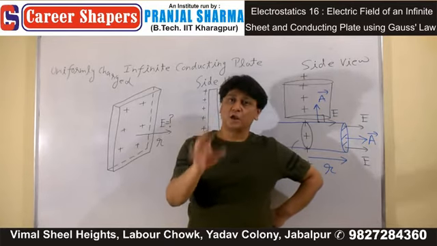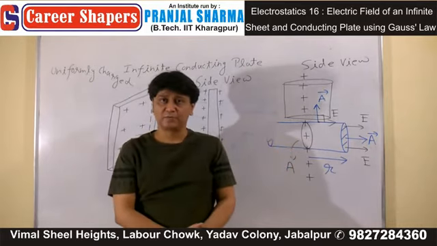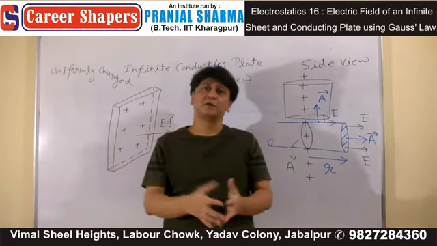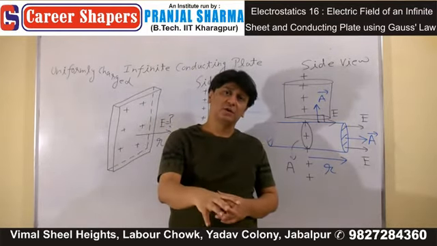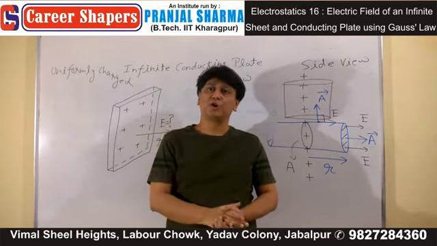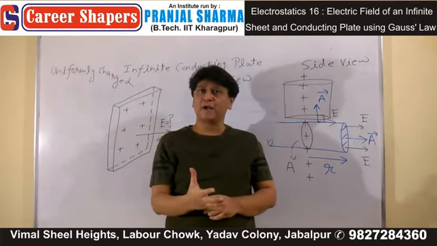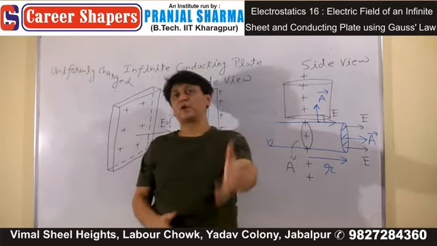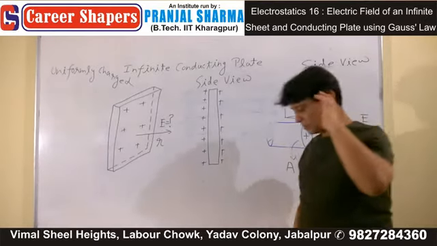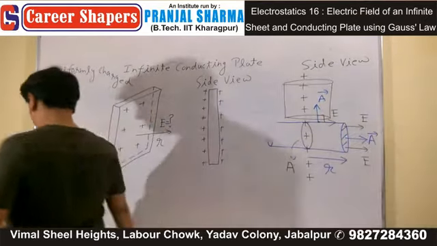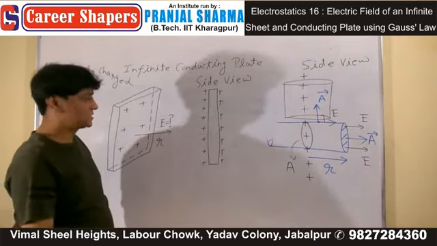But if you have a conductor and you give it some charge, aluminum, iron, copper, any volume, then this charge distribution will take place such that at any point inside, electric field is what? Zero. Why should it be zero? We'll see that. There are two ways to understand that, and we'll understand with the help of both.